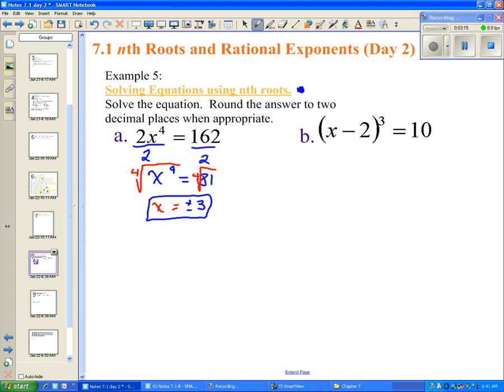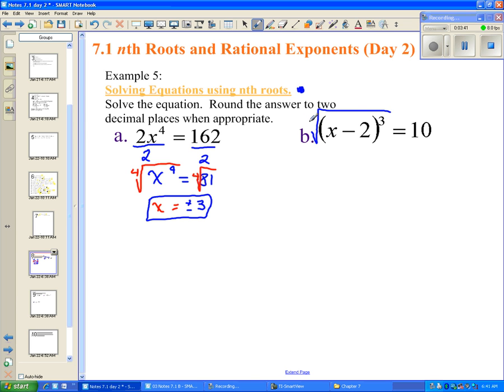So let's look at letter B. In letter B, I have x minus 2 quantity cubed. If I really wanted to, I could multiply all this out, come up with an x cubed, degree 3. I don't want to solve it that way. What I want to do instead is, since the cube is by itself, I just want to get that taken care of.